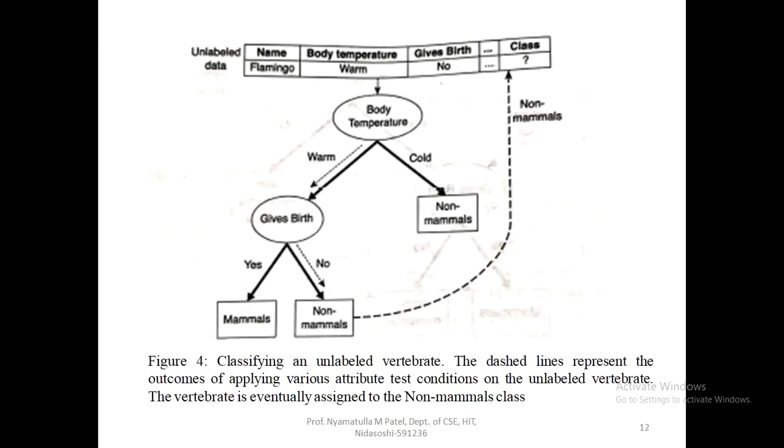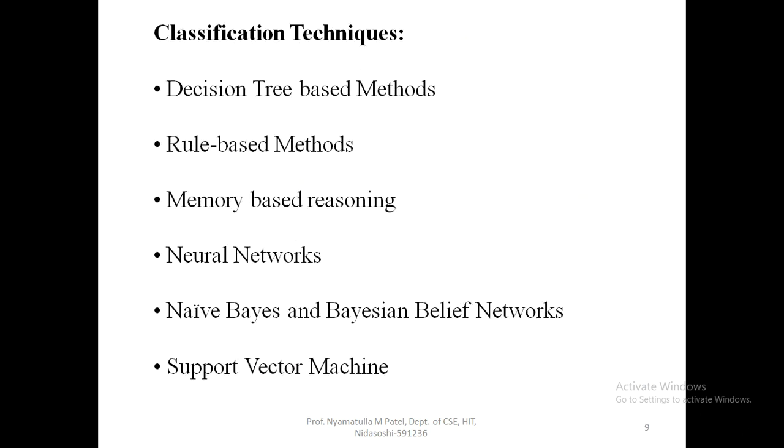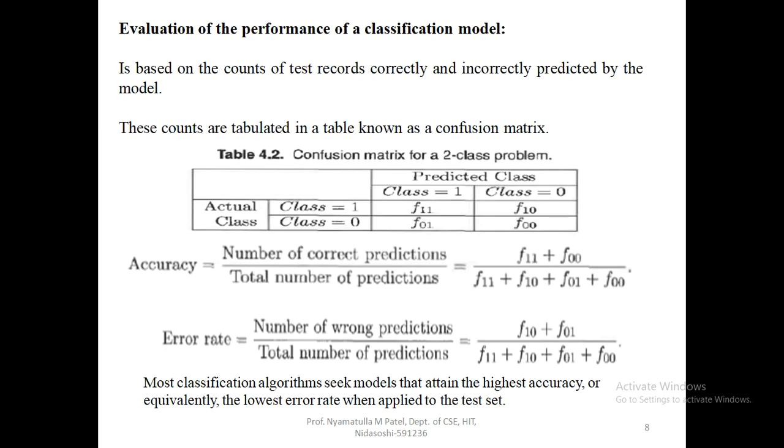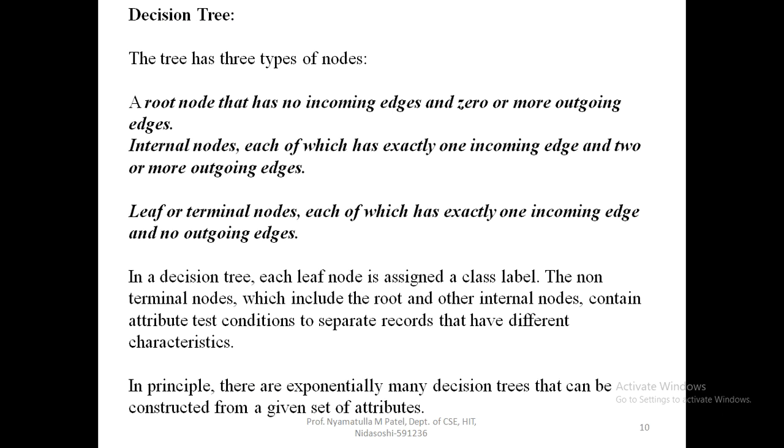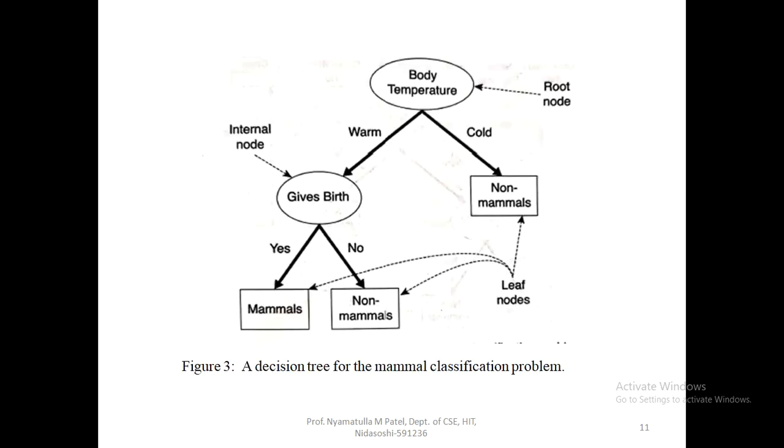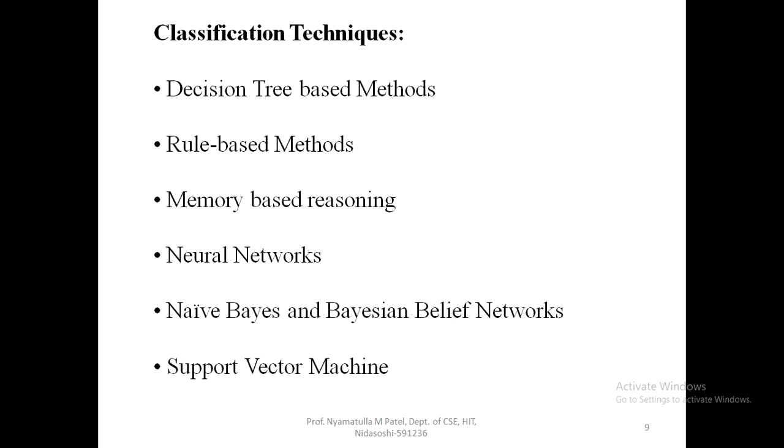Okay, so this is enough for this video lecture. In this video lecture, what we studied is what classification is, what a classification model is, how a classification model works, and what the different nodes of a decision tree are. Then we studied different classification techniques like decision tree based methods and rule based methods.